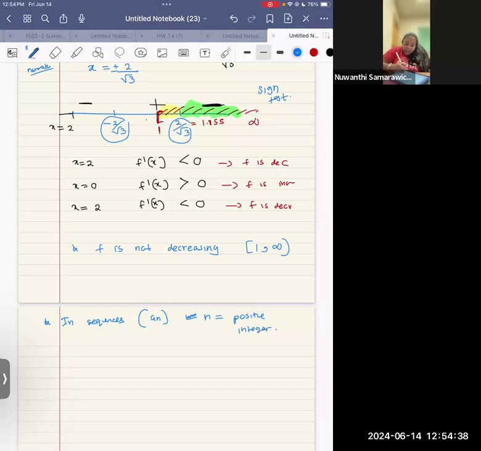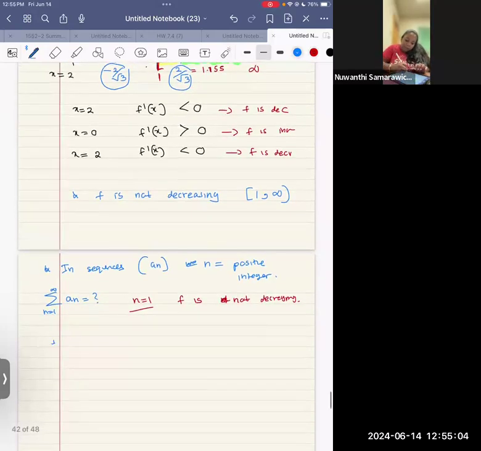So when we are considering whether it's convergent or divergent, n is always positive. So when n is equal to 1, f is not decreasing.